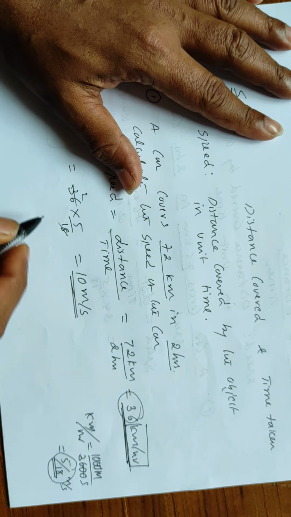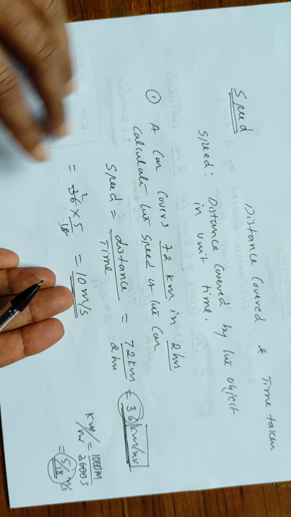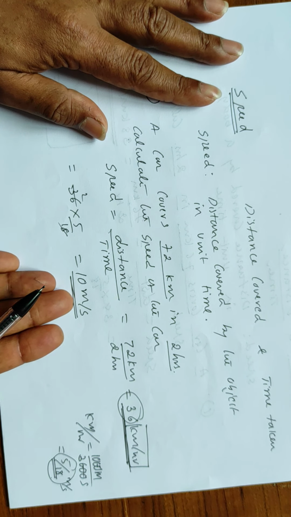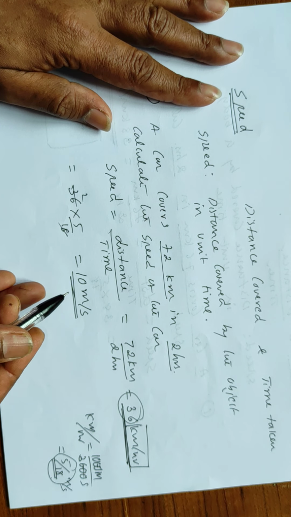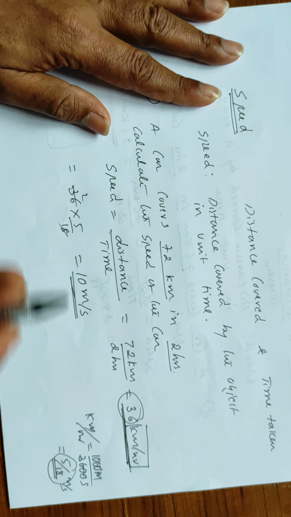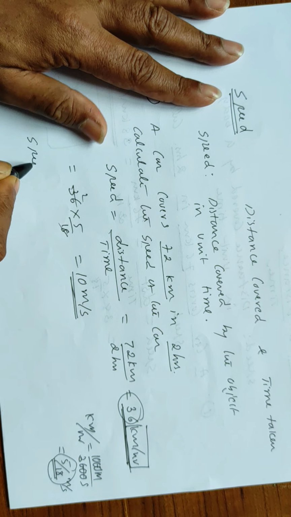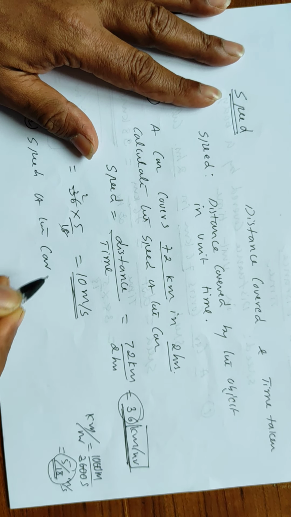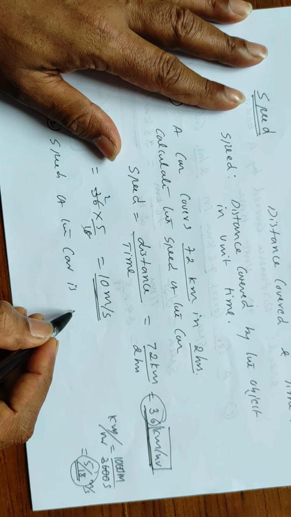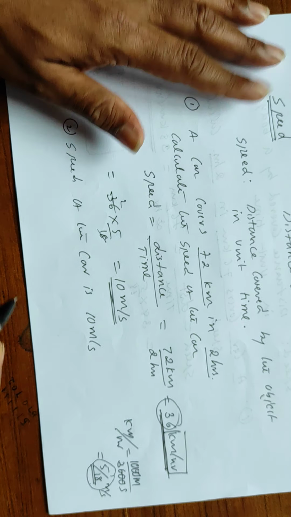So if speed is given in meter per second, and you are asked to convert the speed into kilometer per hour, what do you have to do? The speed of the car is 10 meter per second.